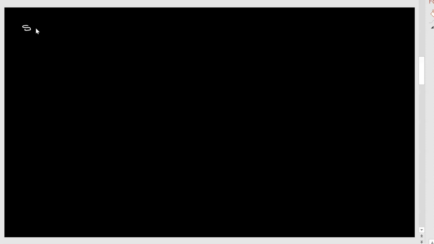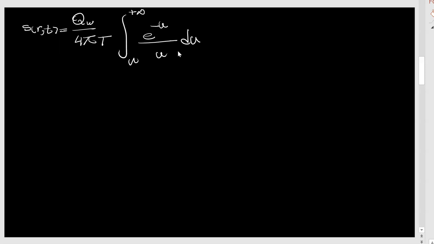The drawdown at any position r, at any time t, was calculated as Qw, the constant number that we had at the well, over 4 pi T, times the integral from u to infinity of e to the minus u over u du, where the u that you see here is itself a function of r: u equals r squared S over 4 T t. S is the storativity, a constant number, and T is the transmissivity, times t.